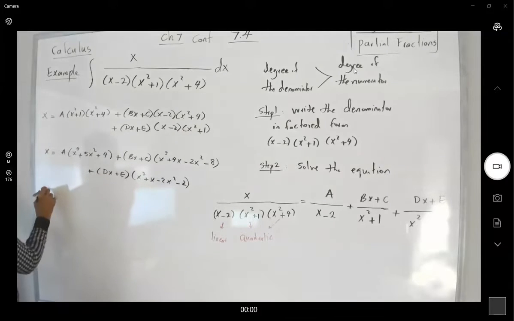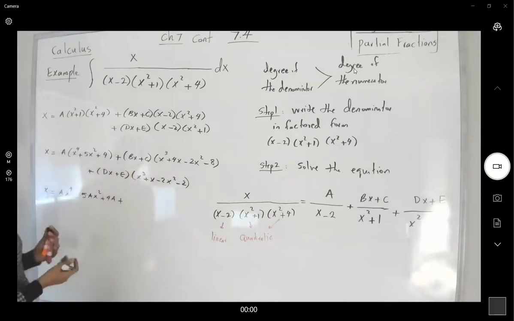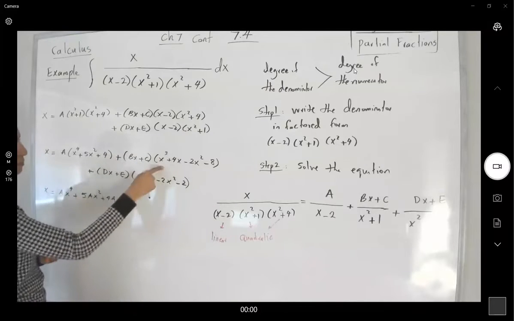We need to continue this. X is equal to a x to the 4th plus 5ax squared plus 4a plus, okay, let's just distribute these.